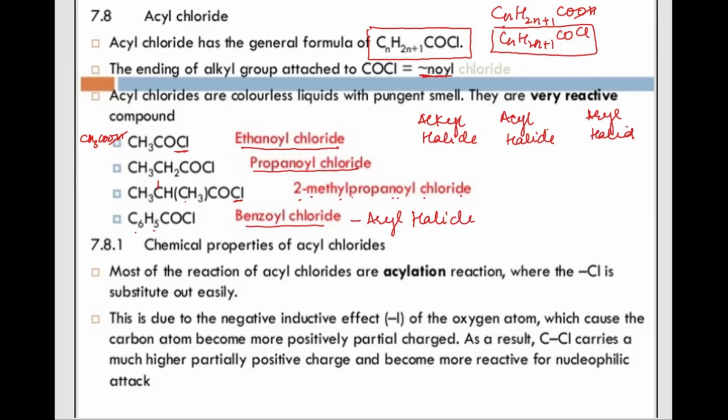So if I talk about the alkyl halides, then the alkyl halides are basically RX, where an alkyl group is directly attached to the halide. Like for example, I have CH3Cl, or CH3CH2Cl. This will be known as chloromethane, this is chloroethane, and so on, right?